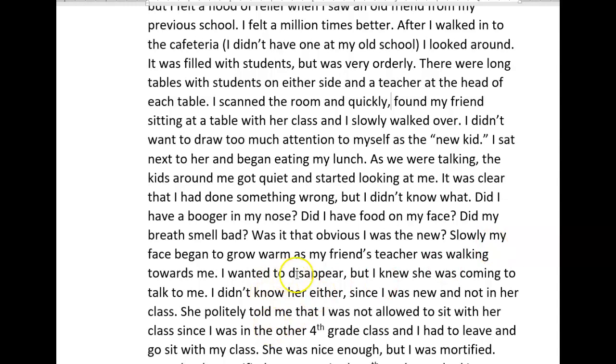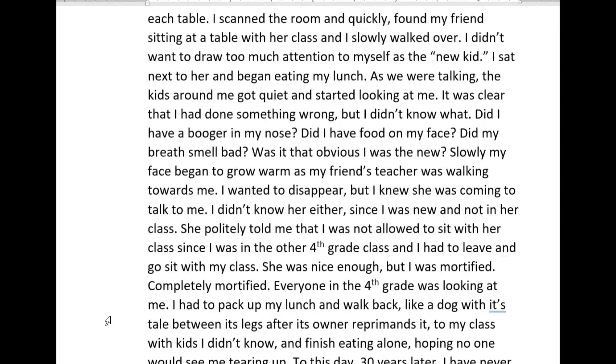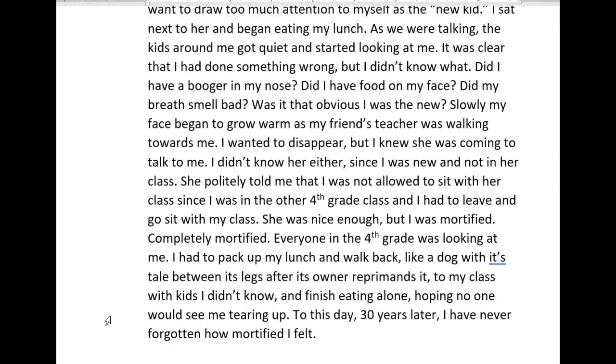Slowly my face began to grow warm as my friend's teacher was walking toward me. I wanted to disappear, but I knew she was coming to talk to me. I didn't know her either, since I was new and not in her class. She politely told me that I was not allowed to sit with her class since I was in the other 4th grade class, and I had to leave and go sit with my class. She was nice enough, but I was mortified, completely mortified.